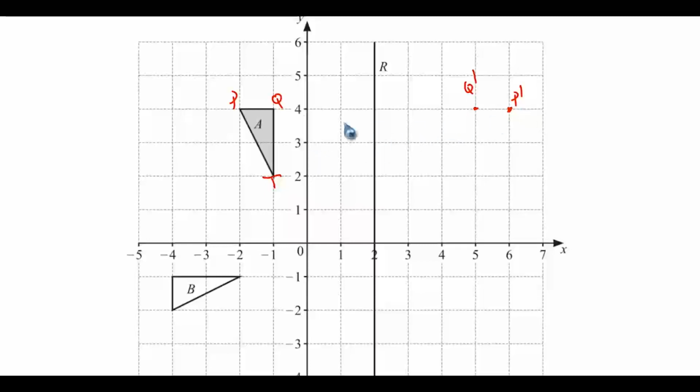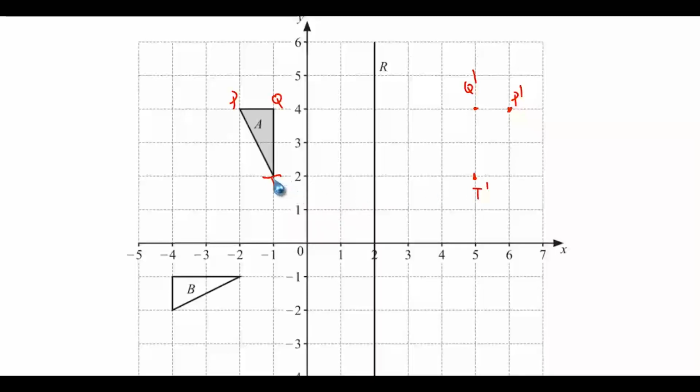Instead of counting from the beginning, we can just count the distance. This is just one step between them. Instead of doing the same thing from here, we can easily count the steps from Q. We have 1, 2. So here we're going to have 1, 2. That's what we're going to have here, and that will be T prime.